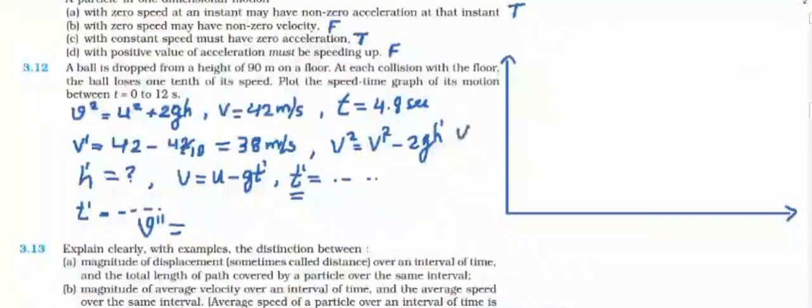So how is the graph there? Velocity time graph. Initially we can see the situation, the velocity of the ball is 0 at that height. Then it attains a velocity like this.